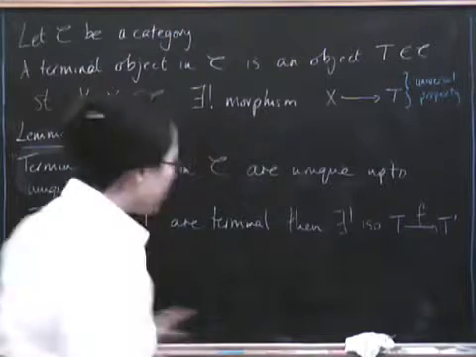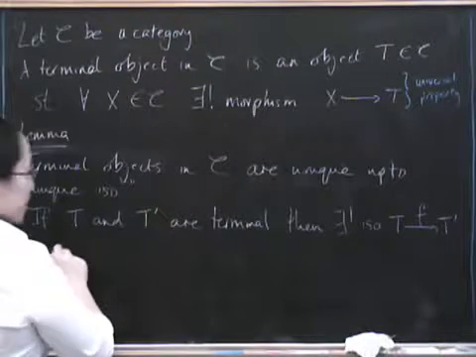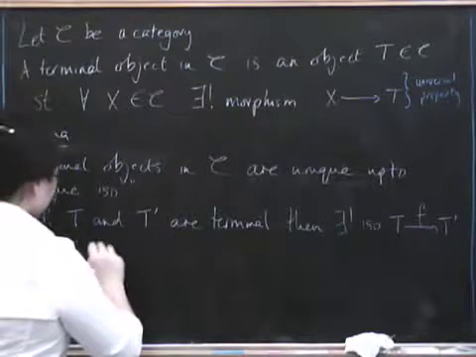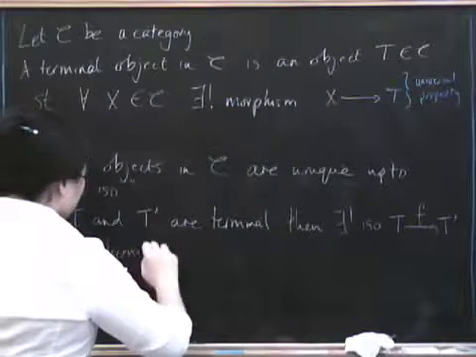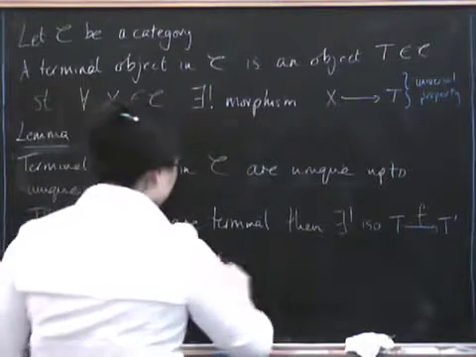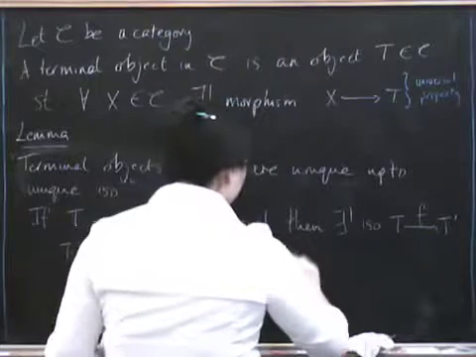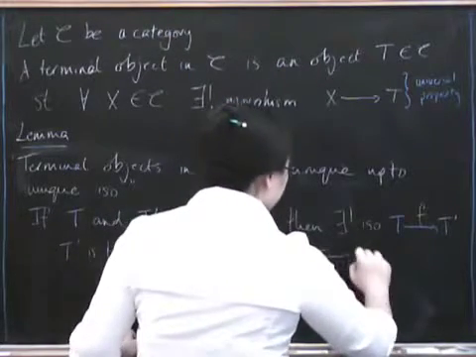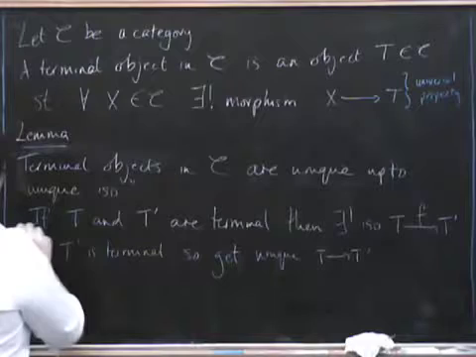So I'm not sure if I have long enough actually to write this up, but let's try. T prime is terminal, so we get a unique map from T to T prime. This is the proof.